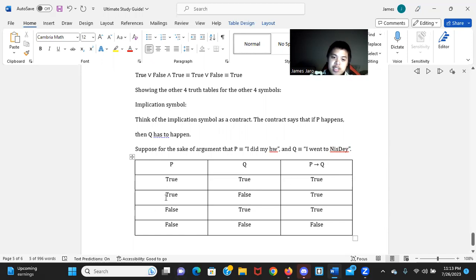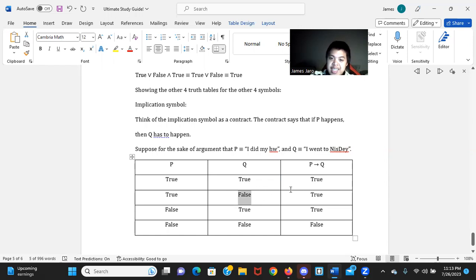Now let's talk about this one. This one says that if I did my homework, however, I did not get to go to NISD. Does that violate the contract? The answer is yes, it does violate the contract, because remember, the contract says that if I did my homework, if P happens, then Q has to have happened.